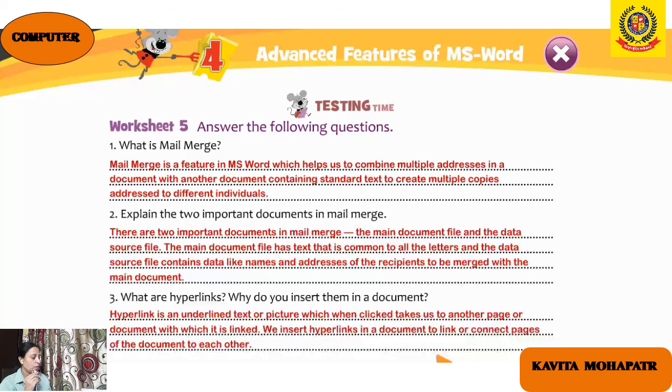There are two important documents in mail merge. First one, you can write point wise, the main document file and the data source file. The main document file has text that is common to all the letters, and the data source file contains data like names and addresses of the recipients to be merged with the main document.